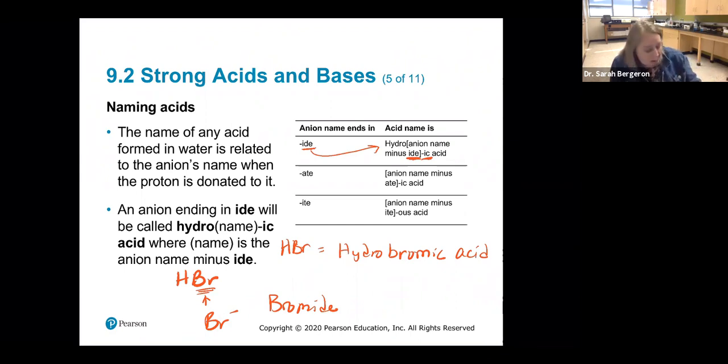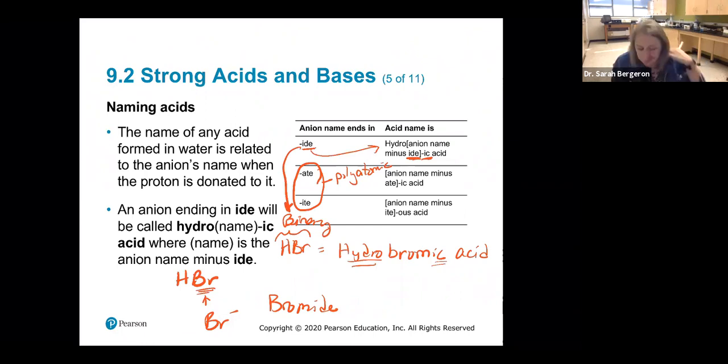Only the ones that are off of the periodic table that are binary, you do this IDE and do the hydro, bromic. Those are the only ones you do that for. These two, ATE and ITE, are polyatomic portions of the acid. And so that's how you name them.